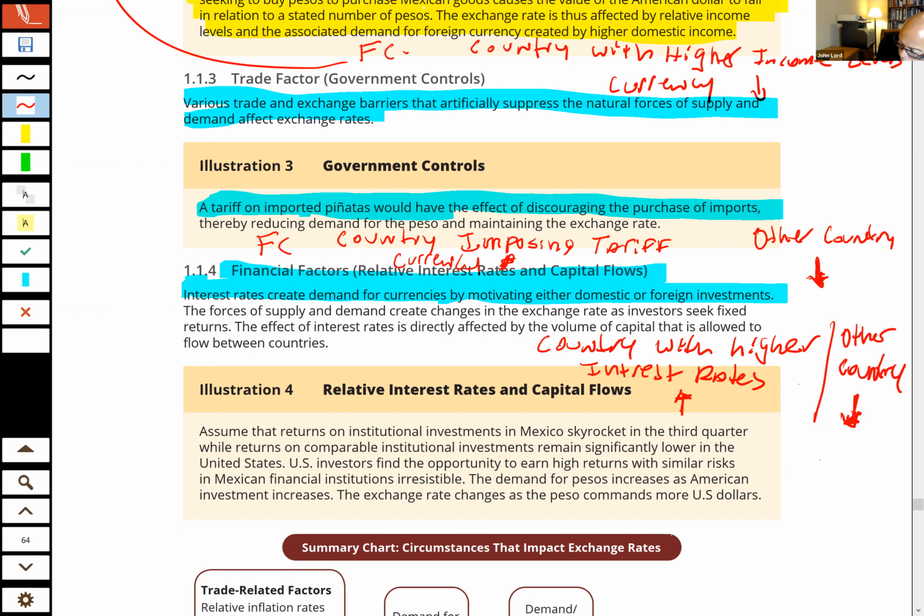They'll give you a variety of options. They'll say there'll be no effect, or interest rates don't affect exchange rates, which is nonsense. Or that will cause the peso to go up, or cause the dollar to go up. The answer is going to be that would cause the peso to go up, right?